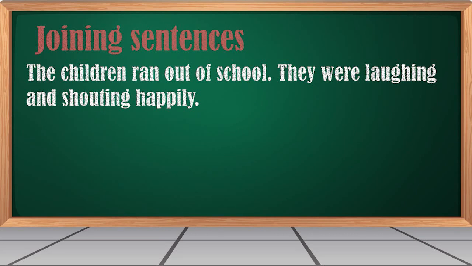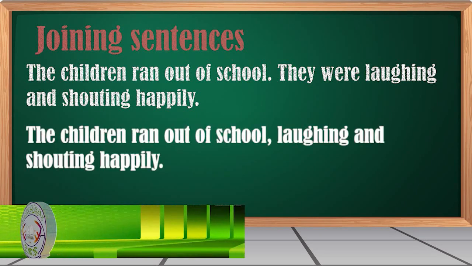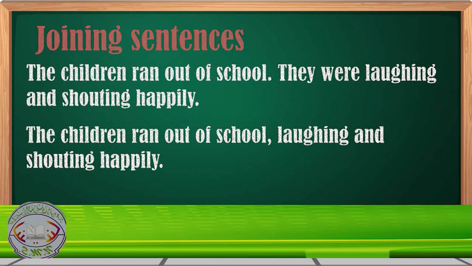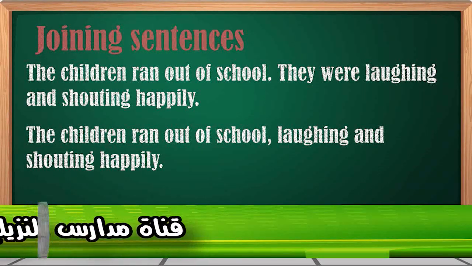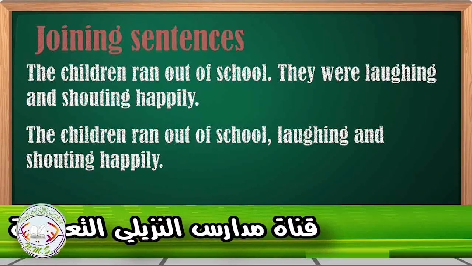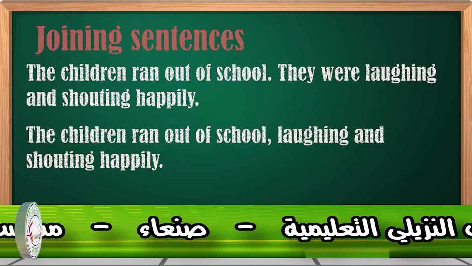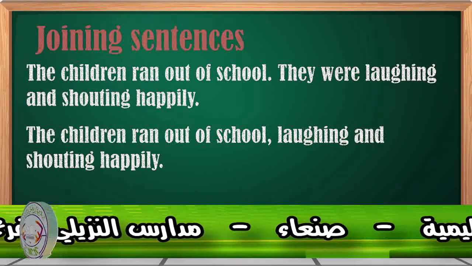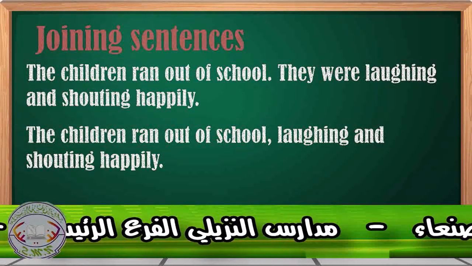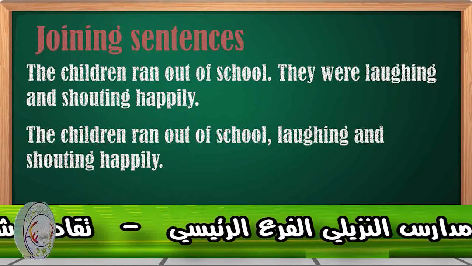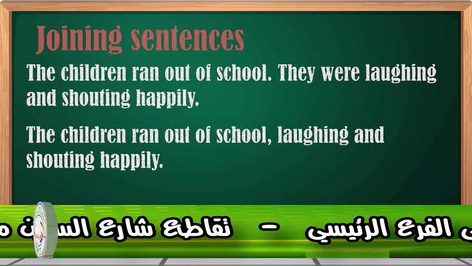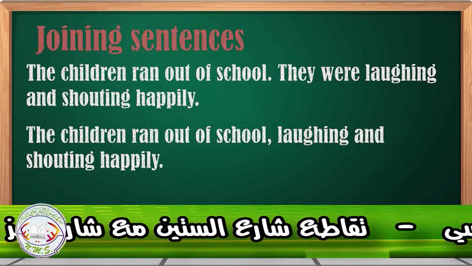So the sentence should be: the children ran out of school laughing and shouting happily. So the subject and the verb to be of the second sentence are left out, and we start the second part with the verb plus ing, laughing and shouting.